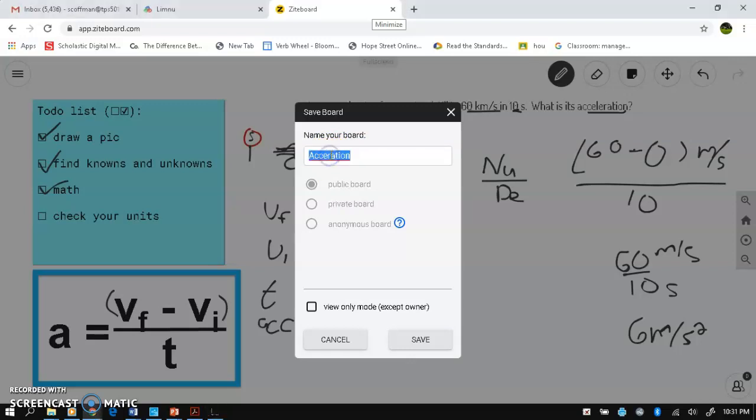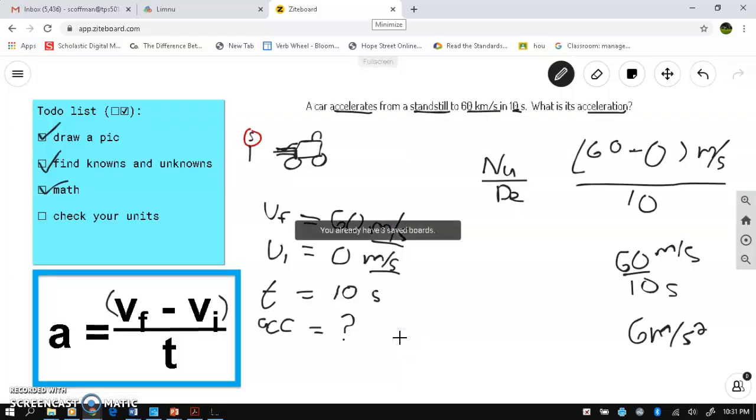Sorry, I misspelled it. And then you have the board there, and you can export it to me. You can take a picture, you can do it on your own.